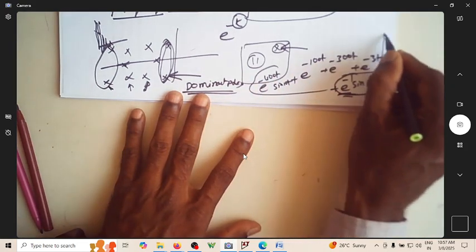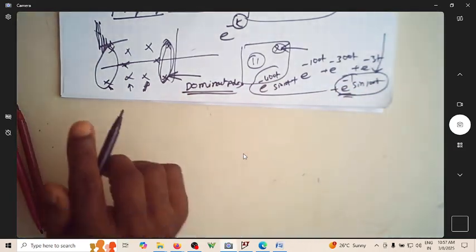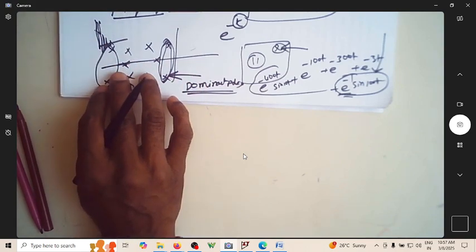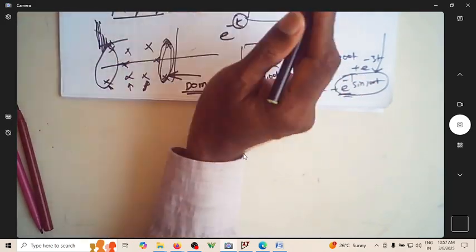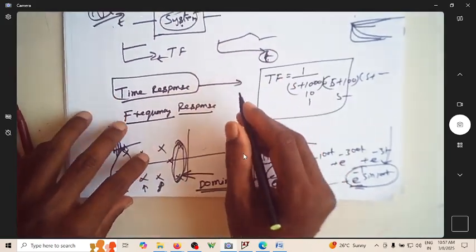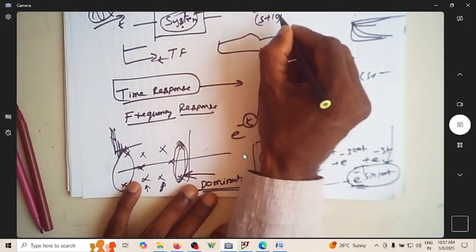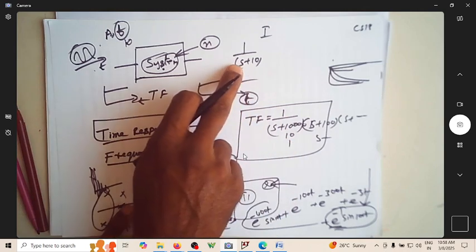So you try to worry about what is the response of this system. So in finding the time response of a system, even though the system has n number of poles, suppose you have s plus 10, I'll call it a first order system. This is a first order system because the number of poles is 1.